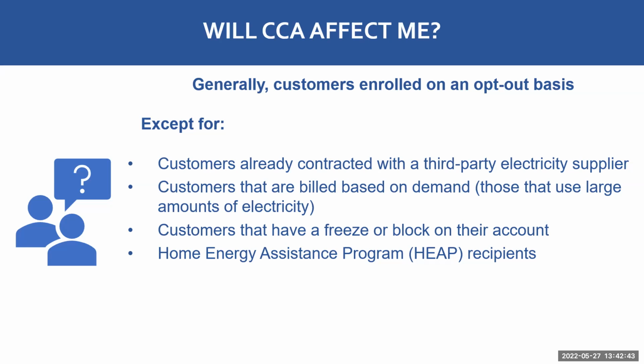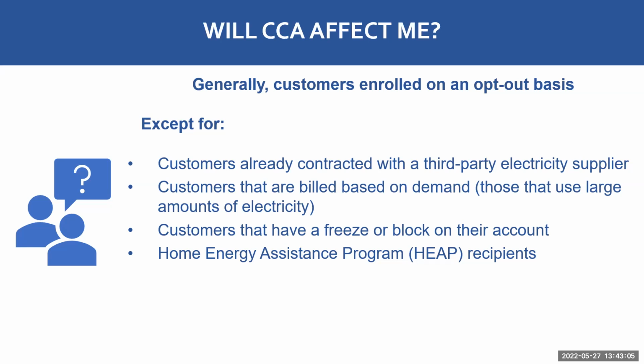Next, customers that are billed based on demand, or those who use a large amount of electricity. Those are also not automatically included, mostly because most of these customers already have some sort of agreement figured out that best works for their electricity usage. Next, customers that have a freeze or a block on their utility account are not automatically enrolled.